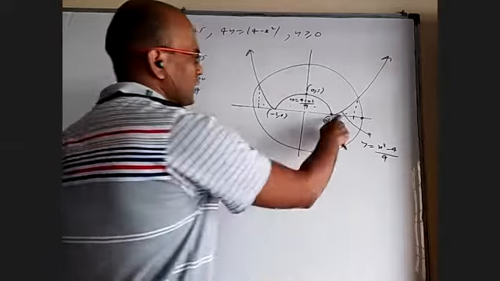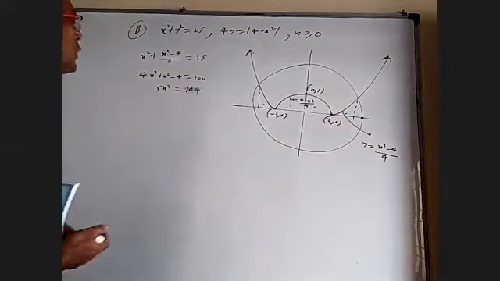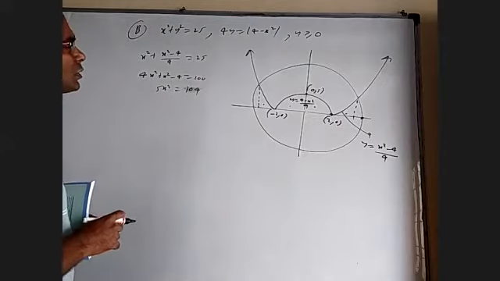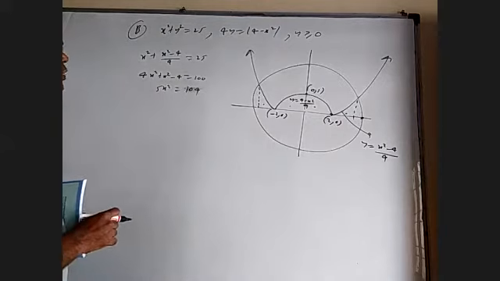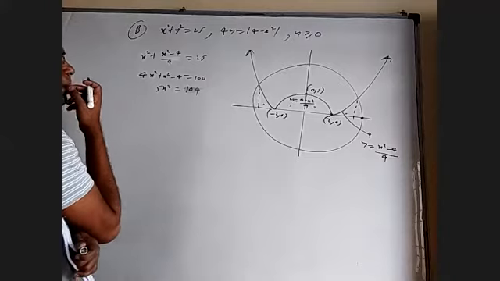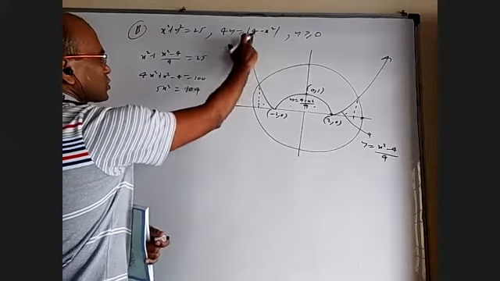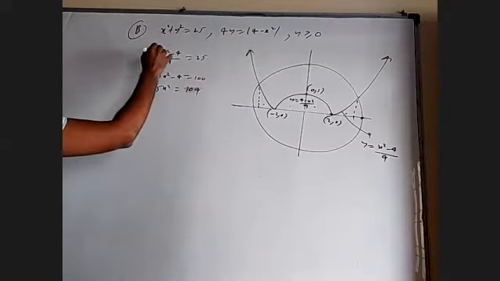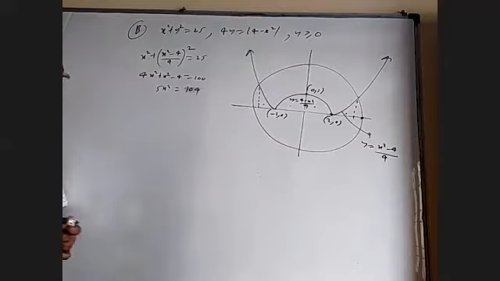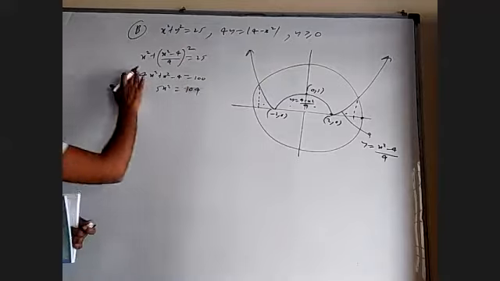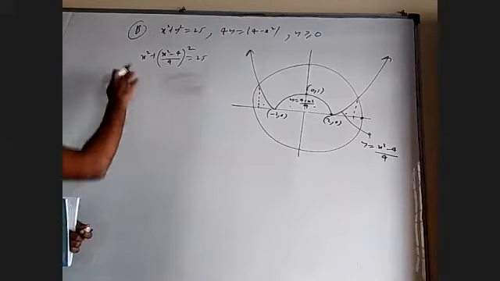If it would come 3 or 4, it is easier. At 4 it is 3, whereas at 4 it is also 3. 16 minus 4, 12. So something is wrong. I put x equal to 4, 16 minus 4 is 12, 12 by 4 is 3. What about this? Oh, I need to put a square, that is a mistake. But this only y is x square minus 4 by 4, not about y square. So sorry.